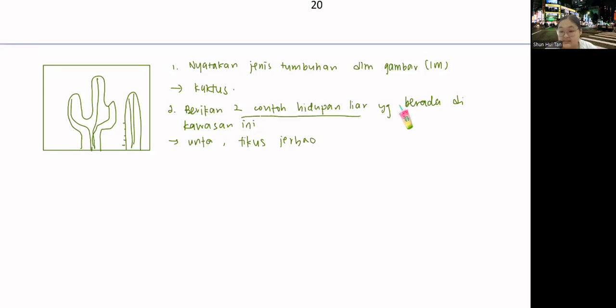Scorpion, yes. But what is scorpion in Bahasa? That's important. If you don't know, then you just skip that, okay? Yeah.